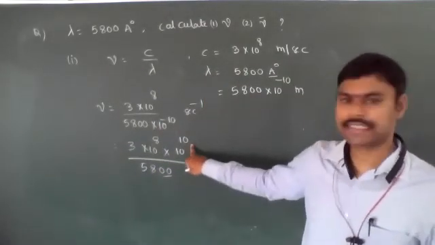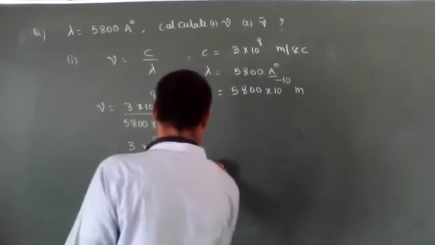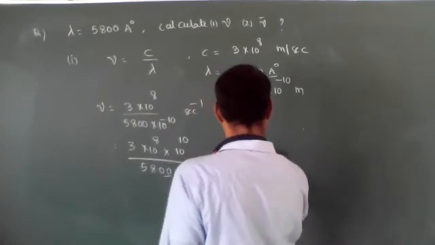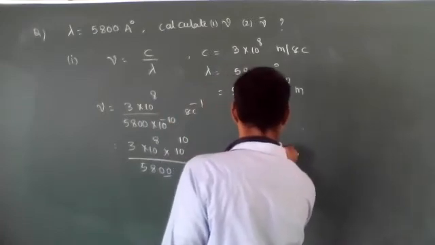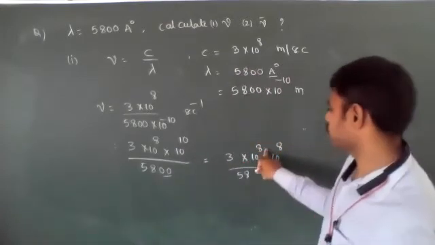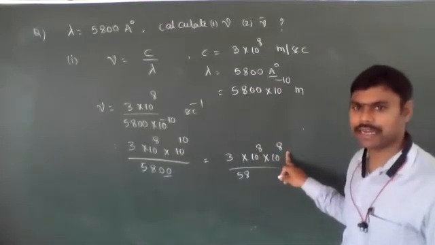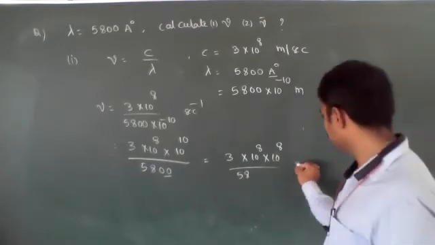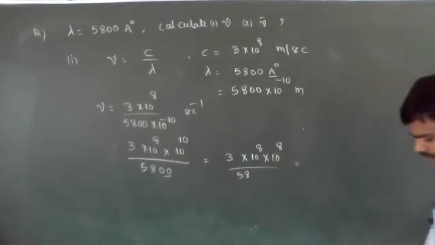Then 3 into 10 to the power of 8 into 10 to the power of 8 by 58. 10 to the power of 8 into 10 to the power of 8 is 10 to the power of 16. So 3 by 58 you have to simplify.